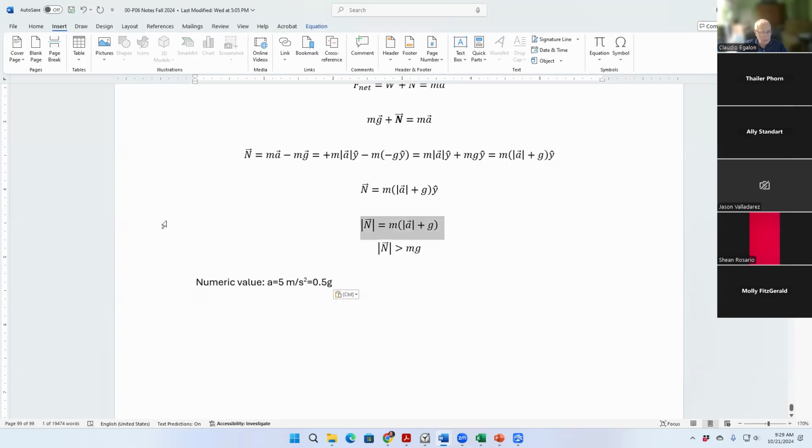So when we write that down here into our equations, we're going to have half g plus 1 g, right? And what do we end up getting? We end up getting 1.5 g, 1.5 mg.